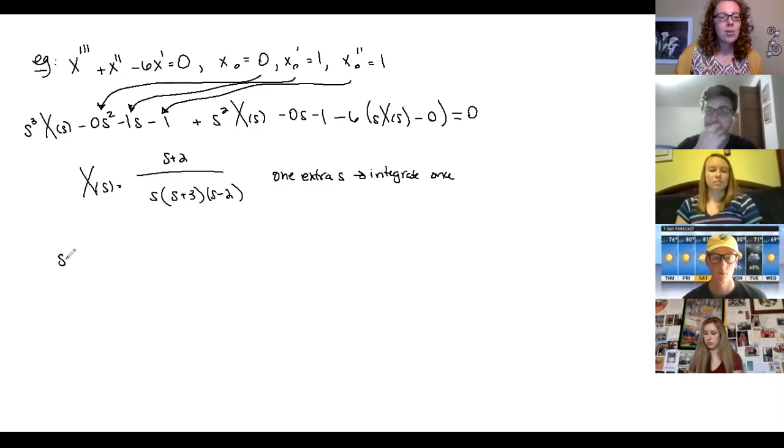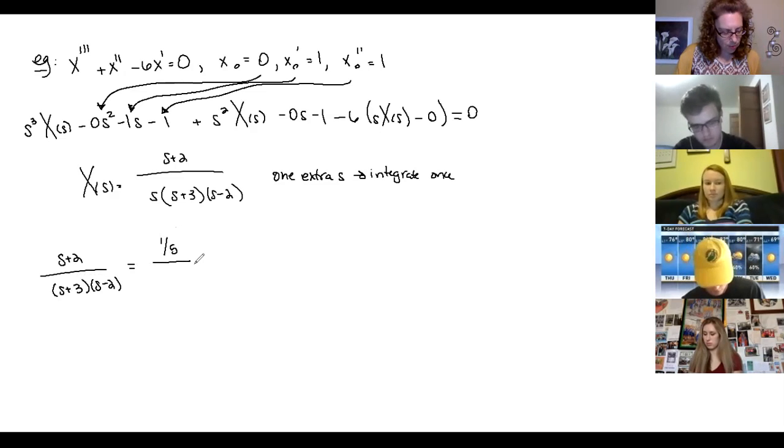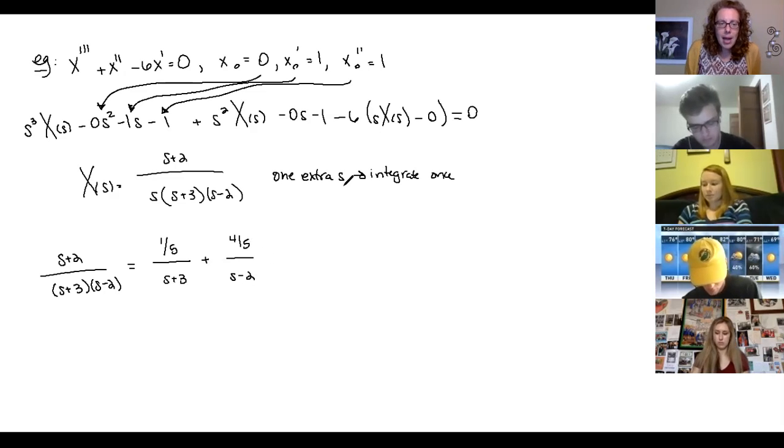So I need to do s plus 2 over s plus 3, s minus 2. I am skipping the partial fractions details. You can find them. This is 1/5 over s plus 3 plus 4/5 over s minus 2. I'm leaving the s off because we're going to integrate as soon as we get done with our answer.